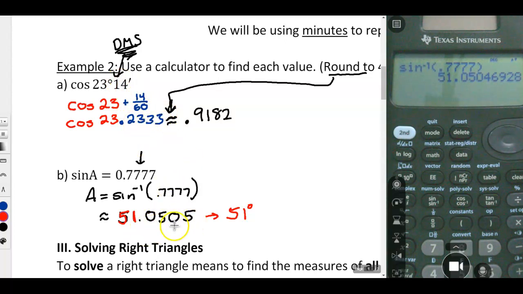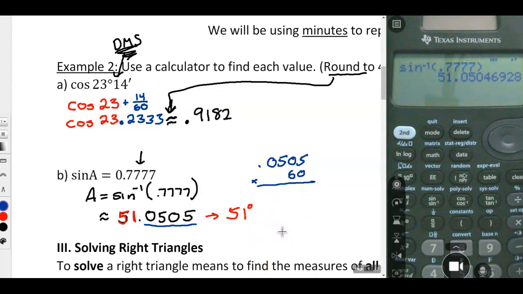We're going to take the decimal and multiply by 60. So I'm going to take this part, which is 0.0505, and multiply that by 60, and that will give me the actual amount.